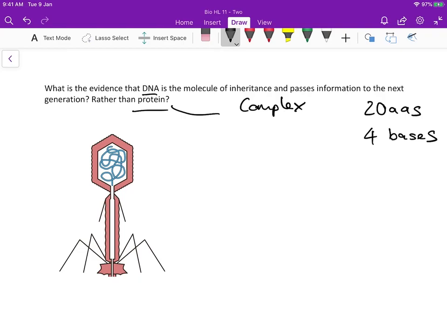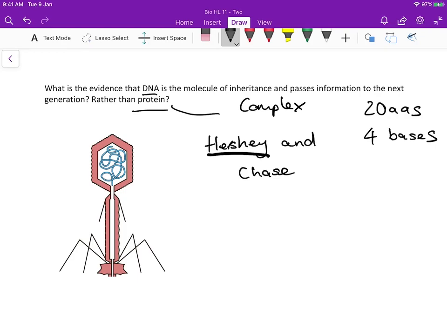So what they did was they investigated, and this is the classic Hershey and Chase. So like the Hershey bar, like the chocolate. Hershey and Chase experiment.